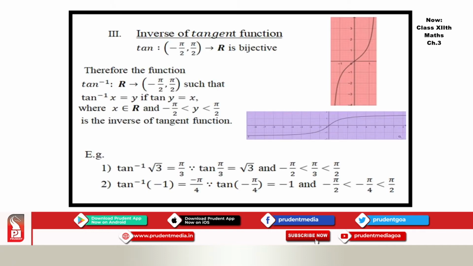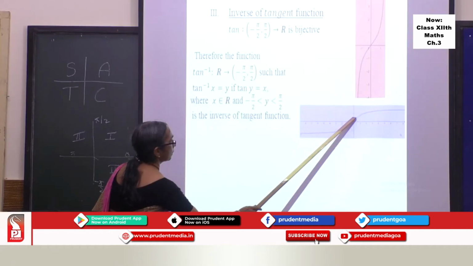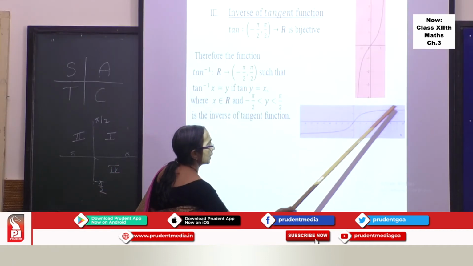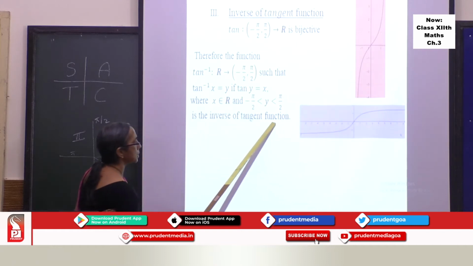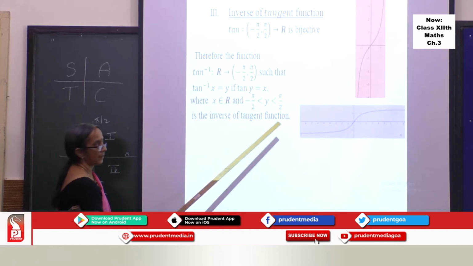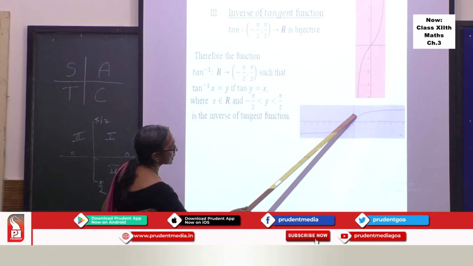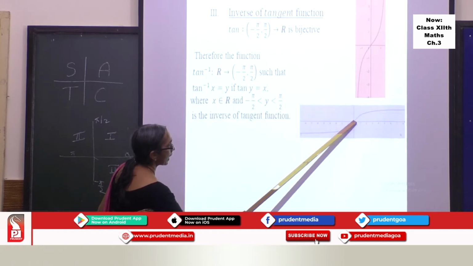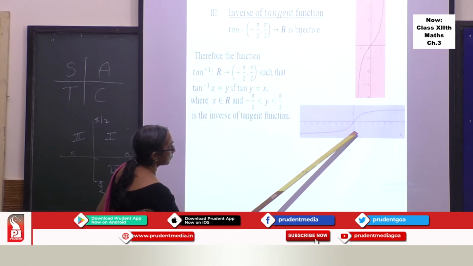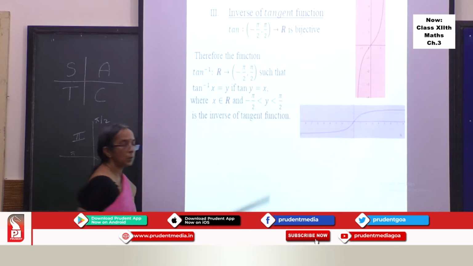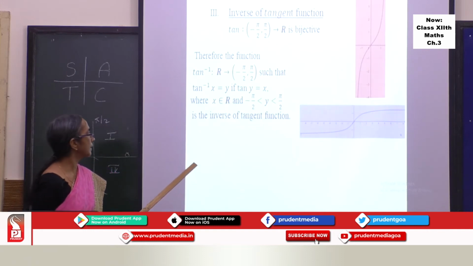Now let us see what the graph of the inverse of the tan function is. For x you can take any value, tan inverse of any value is defined. And tan inverse of any value is lying between minus pi by 2 and plus pi by 2.